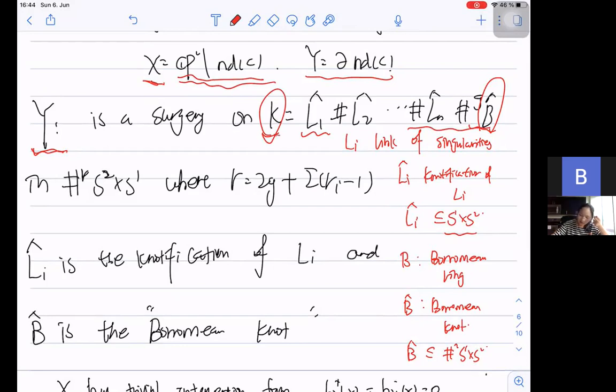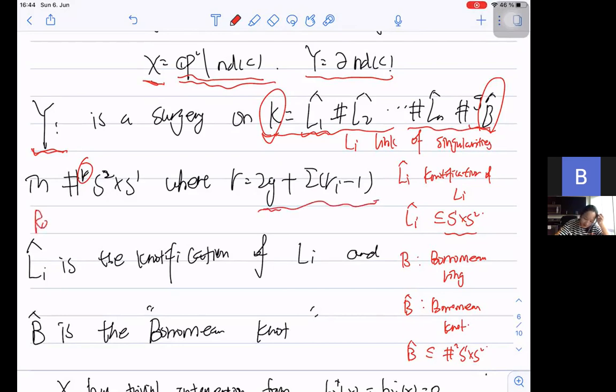And now this new knot does not live inside S3 anymore, but it lives inside some copies of S1 cross S2. And the number of copies you need depends on the topological data of this link of singularities, right? So if your curve has genus G and each L_i has R_i components, then R equals 2G plus the sum of R_i minus 1.